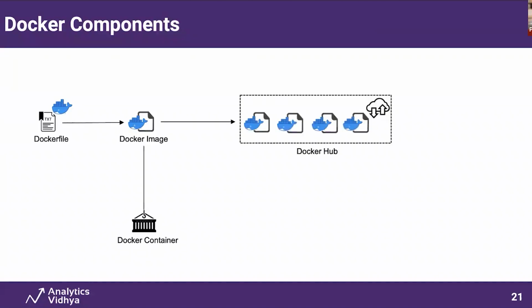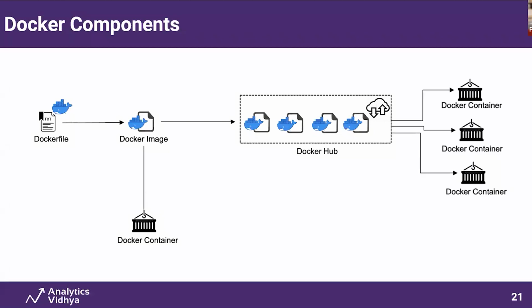Now, like I said, a Docker image can be downloaded from or uploaded to Docker Hub. There are already lots of images in Docker Hub, and you could download those. You need to create Docker Hub credentials to download or upload images, and from there you can run individual containers easily.